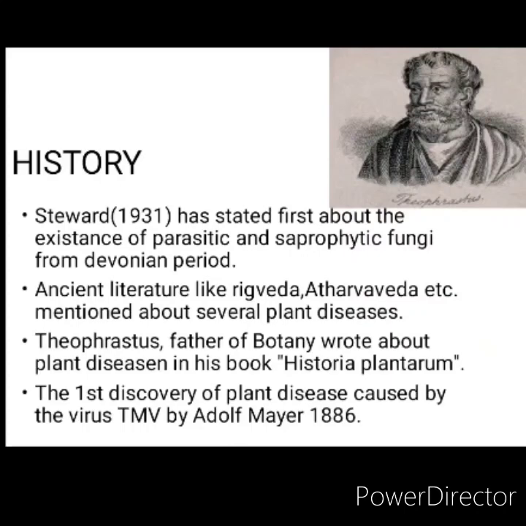So it can be safely said that plant diseases long preceded man on earth, and when agriculture was developed, the diseases ravaged the crops. So, according to Seward, the existence of disease causing agents such as parasitic and saprophytic fungi exist from the Devonian period.